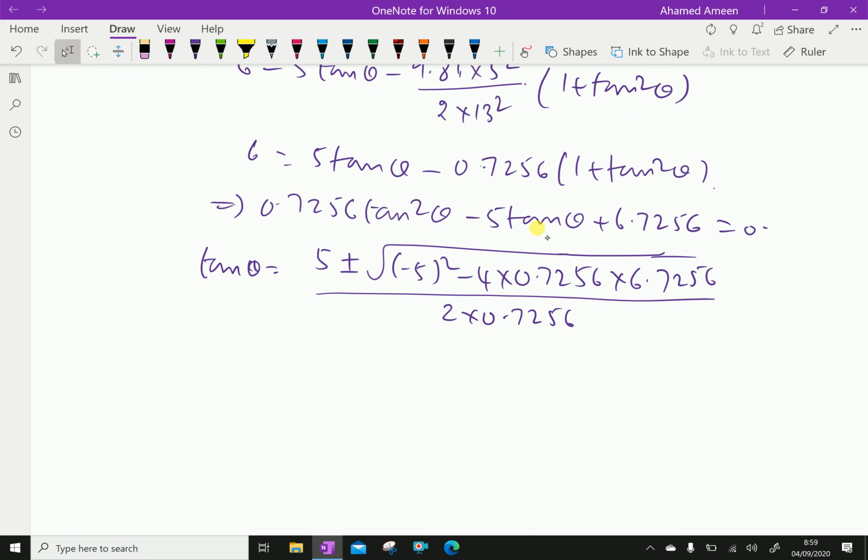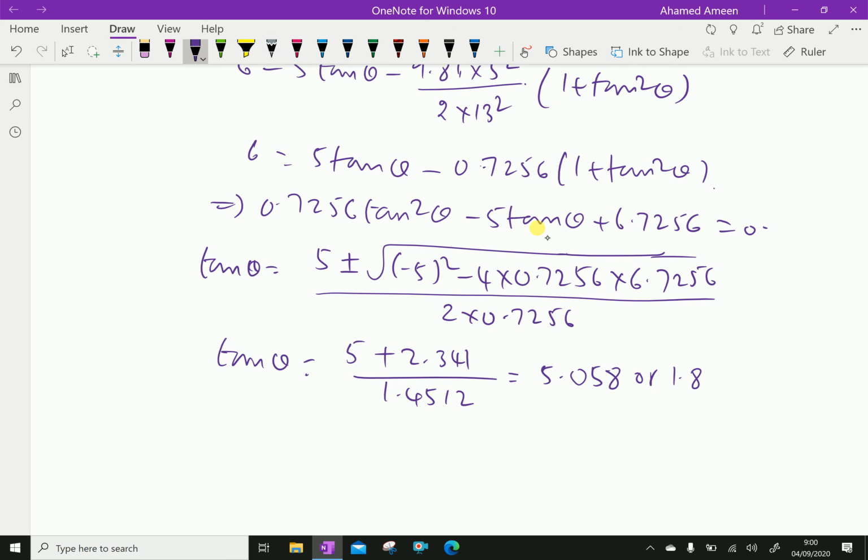Therefore, by simplifying, we get tan theta equals 5 plus or minus 2.341 over 2 into 0.7256, which is 1.44512, having two values: 5.058 or 1.88372.